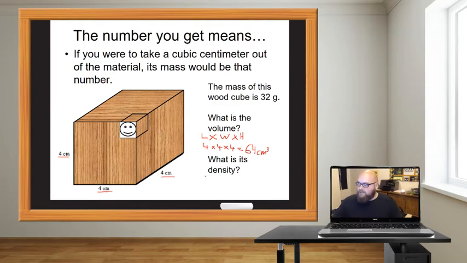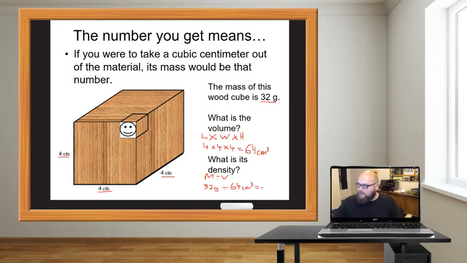Well, then let's figure out its density. Its density is going to be mass divided by volume. So we have the mass, 32 grams. Let's plug that in. We're going to divide that by its volume that we just figured out, which is 64 centimeters cubed.